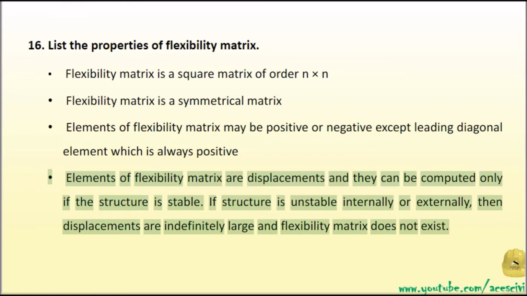Elements of the flexibility matrix are displacements and they can be computed only if the structure is stable. If the structure is unstable internally or externally, then displacements are indefinitely large and the flexibility matrix does not exist.